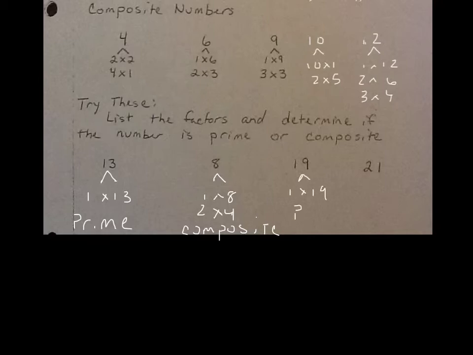So that is a prime number. And finally, 21. 1 times 21, 3 times 7. So that is a composite number. Alright, so we got that first page done. Let's go ahead and turn over to the next page.